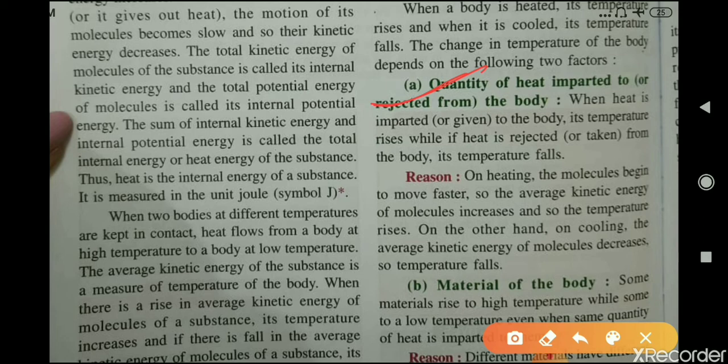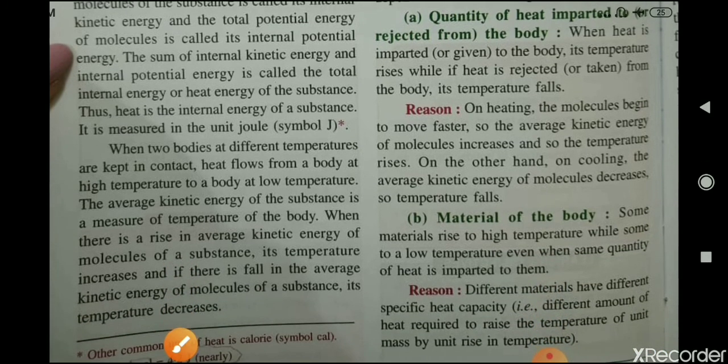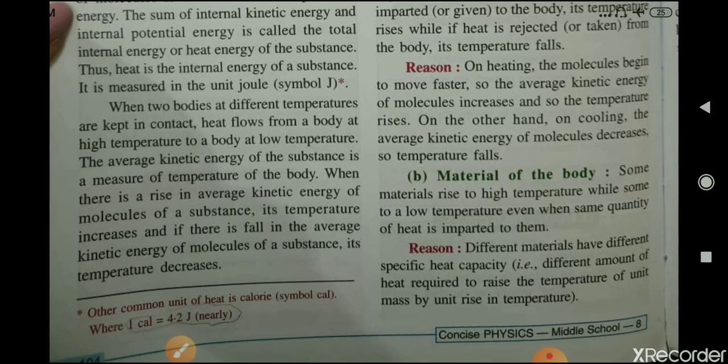If we impart heat to a body, the temperature rises, and if heat is rejected from the body, its temperature falls. Why does this happen? Because when we heat, the molecules begin to move faster, their average kinetic energy increases and the temperature rises. On cooling, the average kinetic energy of the molecules decreases and the temperature falls.